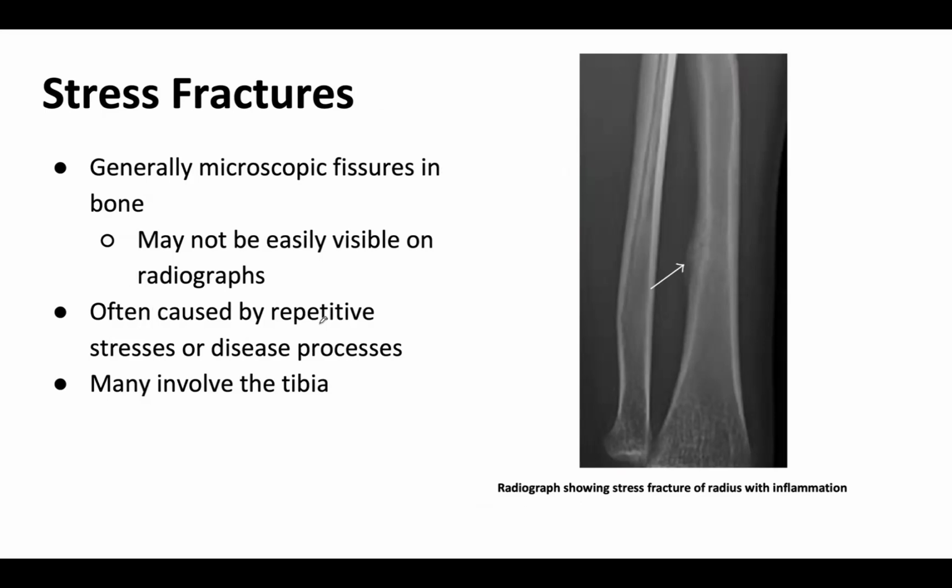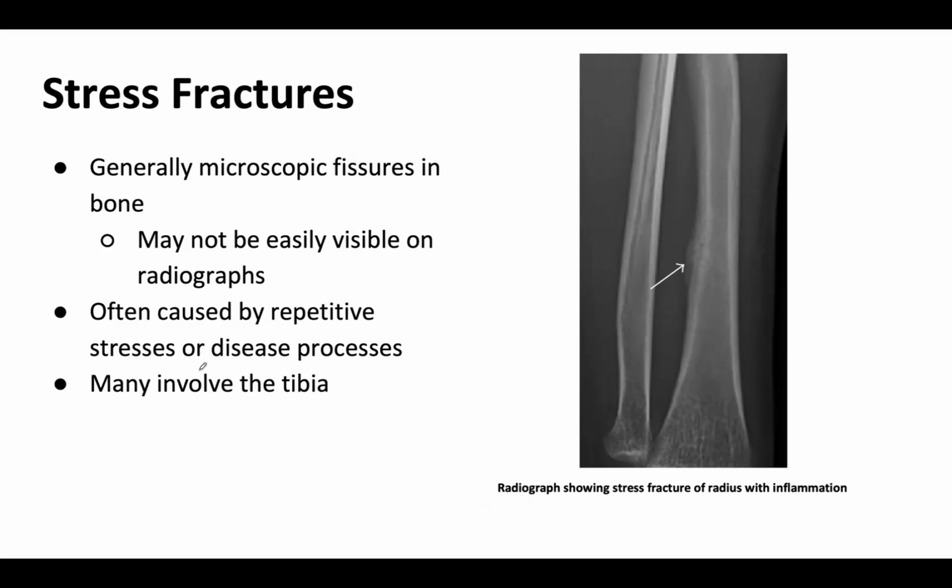Stress fractures are going to be fractures that occur without very visible or dramatic fragments. They are generally a series of microscopic breaks or fissures in a location. These are often due to repetitive stresses, such as running or jumping, or other disease processes, such as osteoporosis.